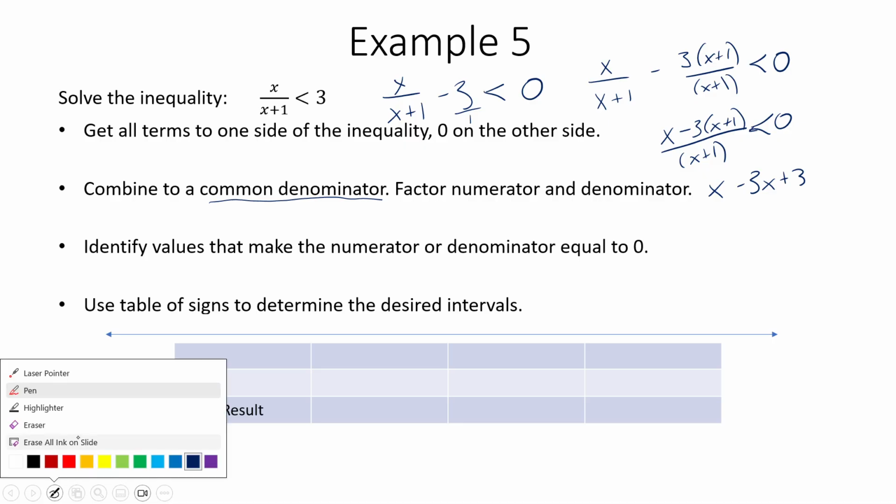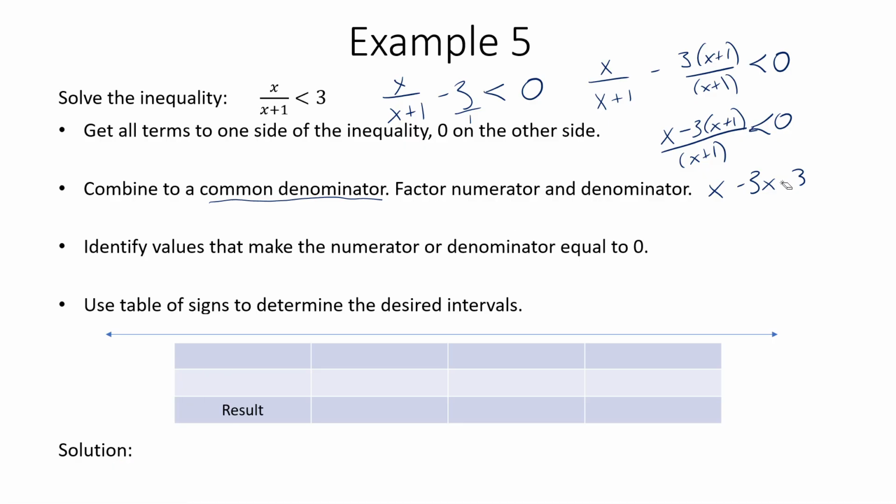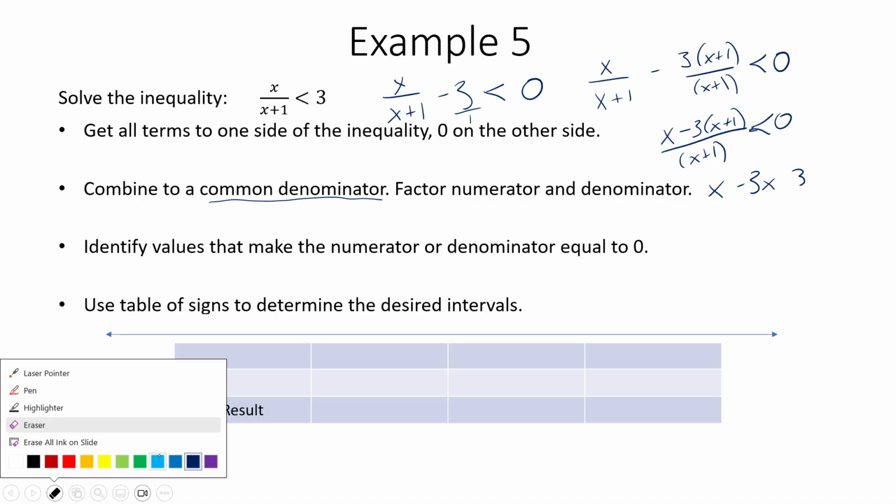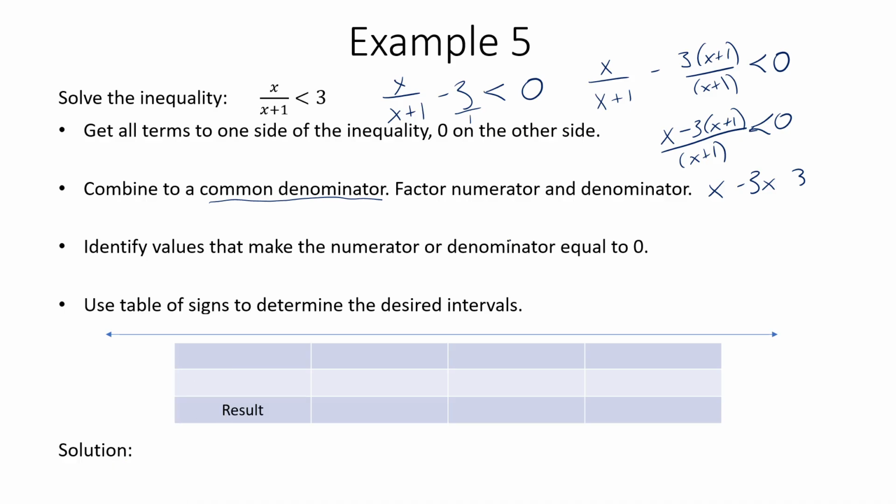Distribute that negative as well. All over x plus 1 is less than 0. And then x minus 3x would be minus 2x minus 3 all over x plus 1 is less than 0. Okay.